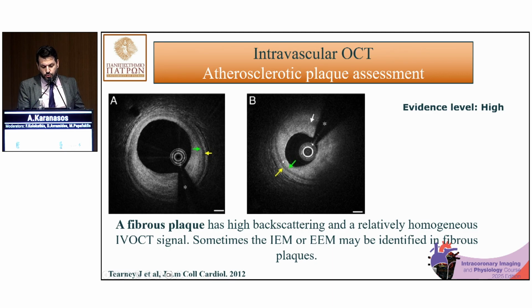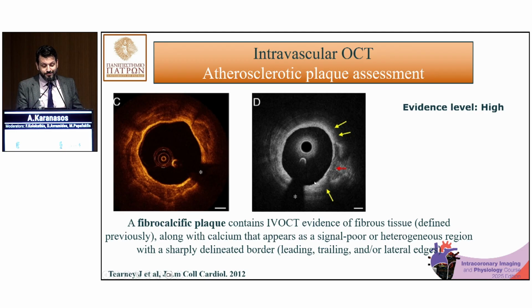Of course, in most cases, if it's quite thin, then we can also see the external elastic membrane, and the media can be clearly visualized. Regarding the fibrocalcific plaque, this is something that we can still see with quite high confidence, and it is actually this low-intensity area, this area over here, that has a sharp delineation compared to the inner fibrous layer.